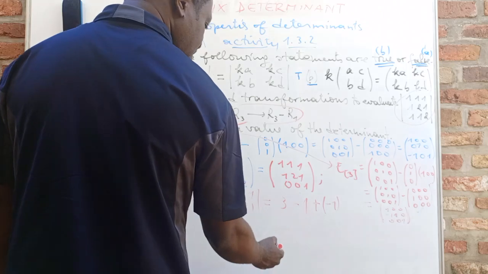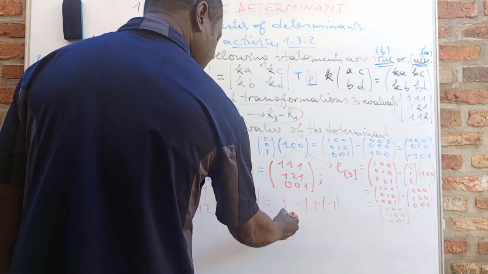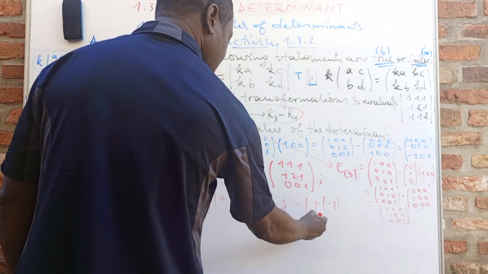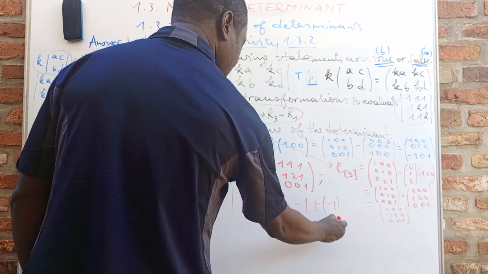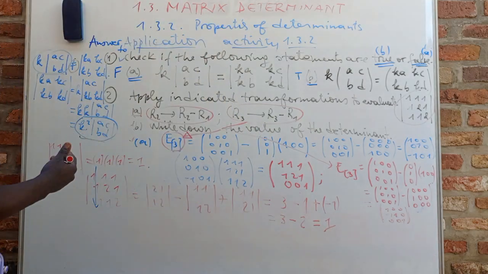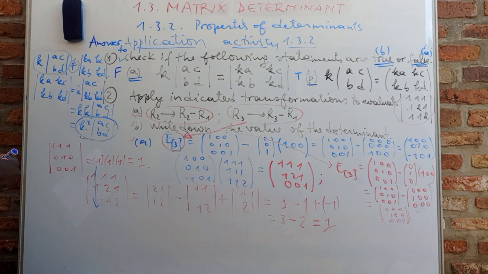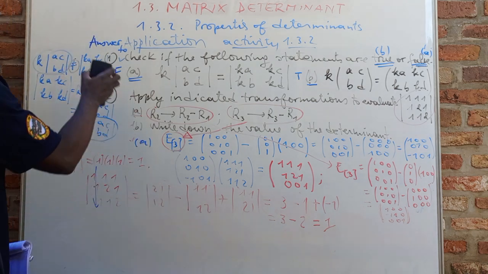So finally what we have is 3 minus 2, which is going to be 1. So we checked, and this is true according to what we have.